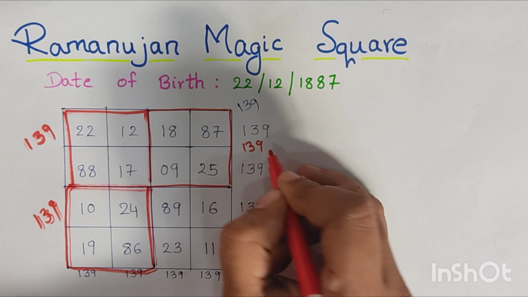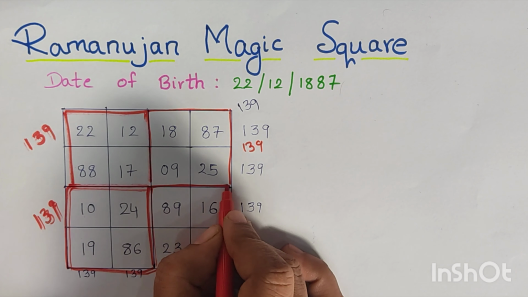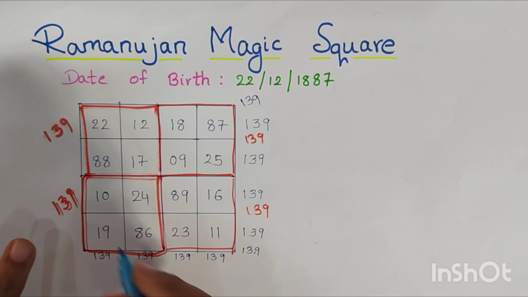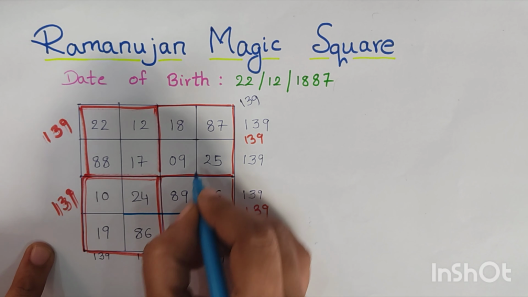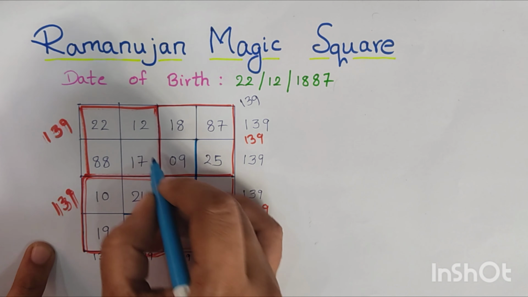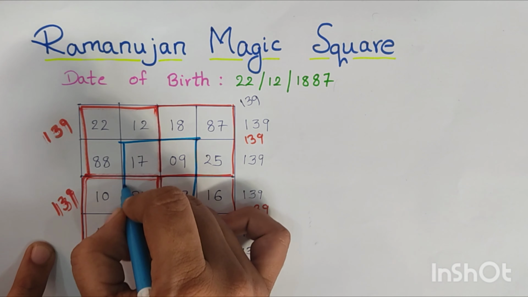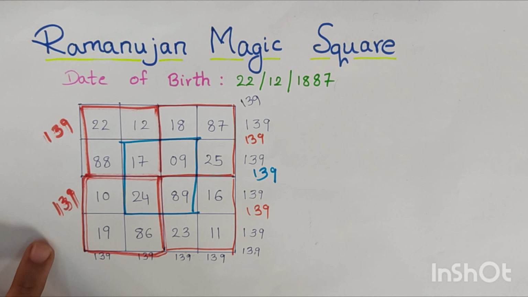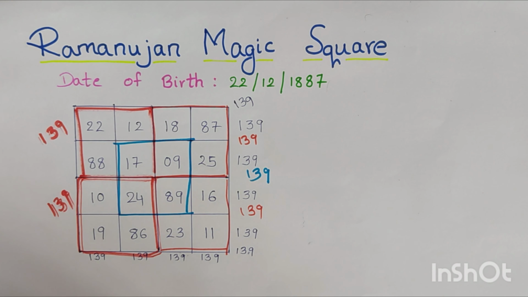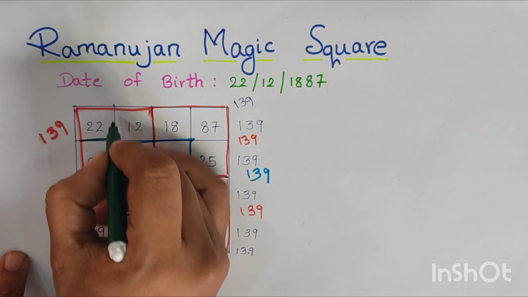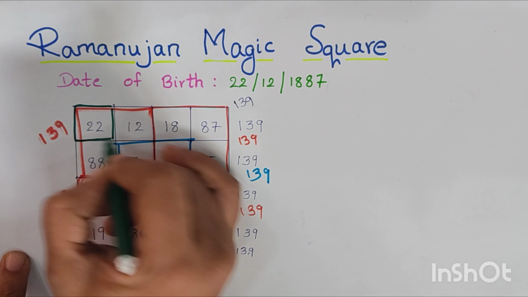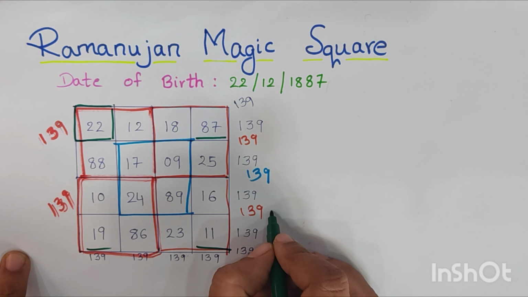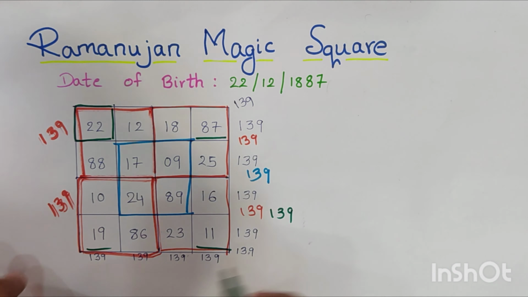The sum of these four numbers will also be 139, and again another square sum will also be 139, and the inner square or middle square present in this magic square, that sum will also be 139. Again one more, the corners of the external square, that is 22, 87, 19 and 11, that sum will also be 139.